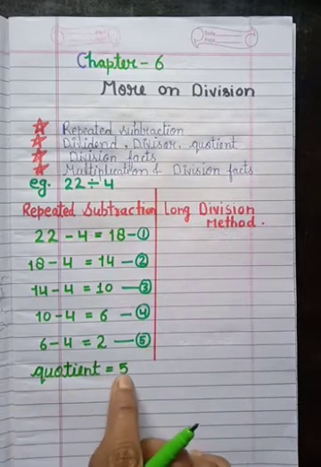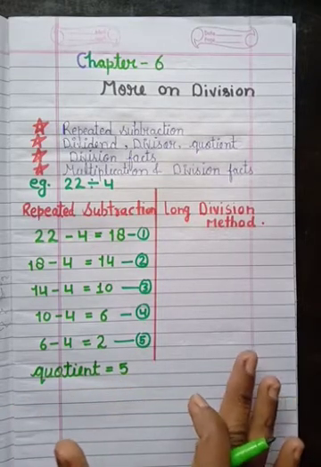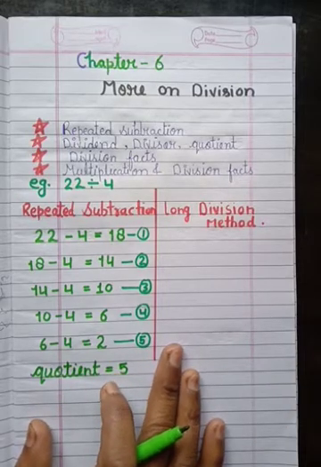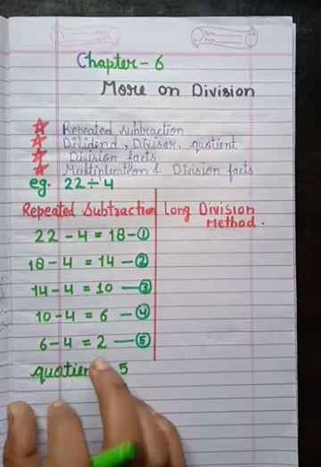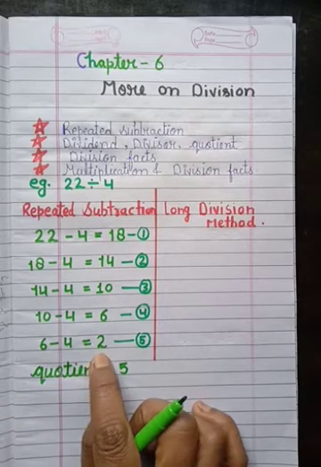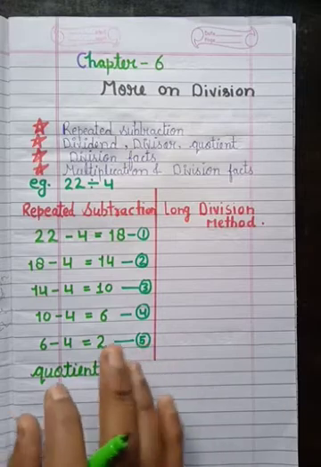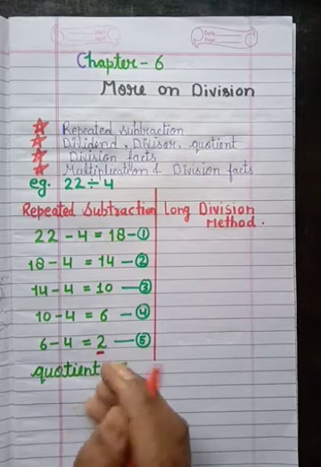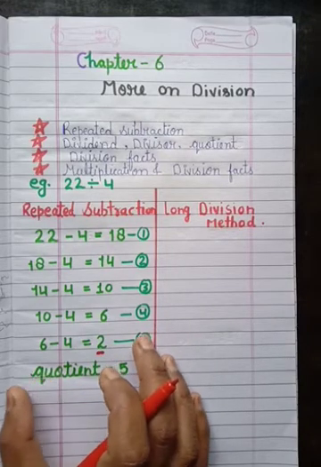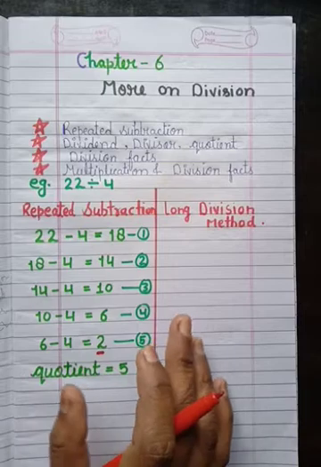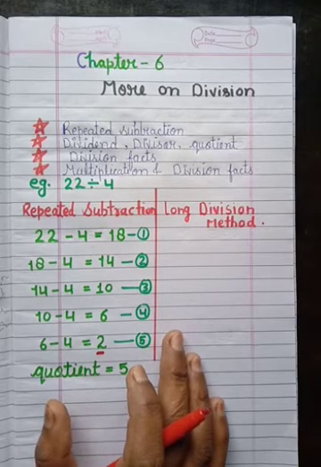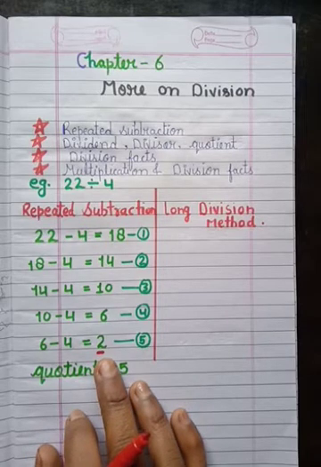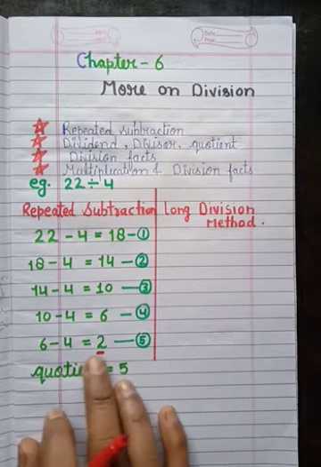But now we get one more term here, because this subtraction is not finished. Something is remaining, so here 2 is remaining. What is that called? Yes, that is called remainder.